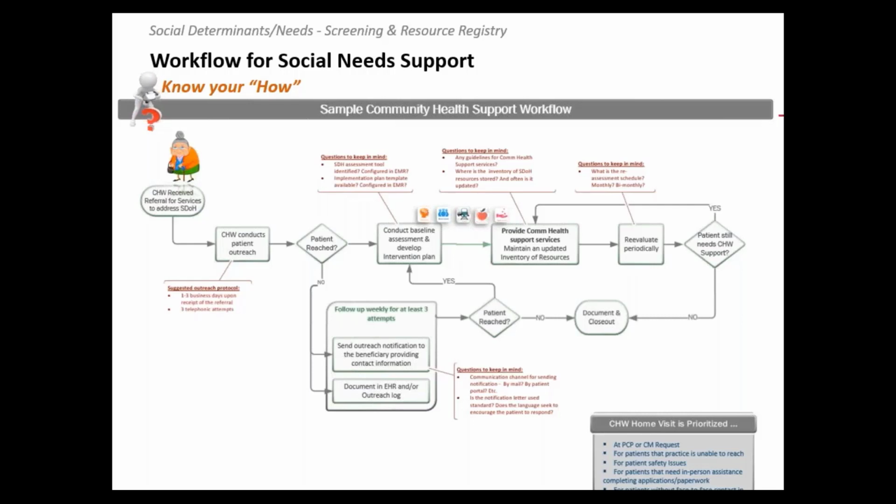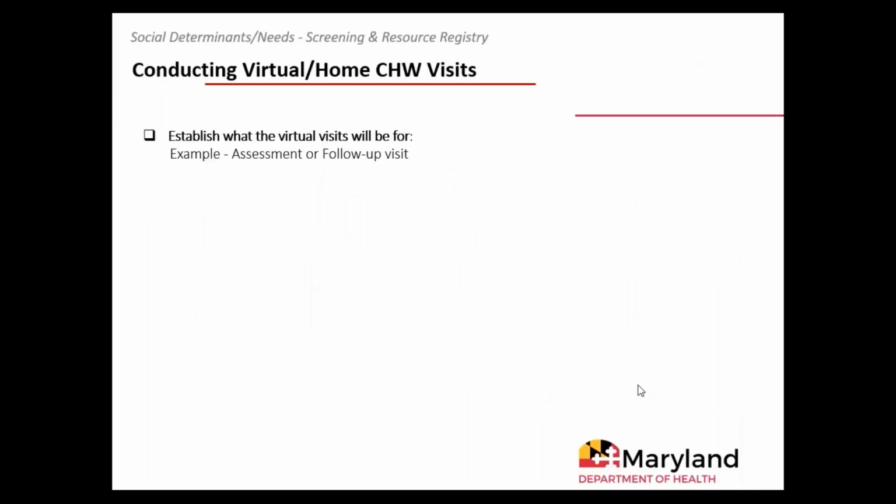And we see at the bottom of our screen, home visits are conducted sometimes when a PCP or CM may request one, if the patient has been unable to reach, if the patient has safety issues, if there is an in-person assistance check needed to help our patients complete some assessments and some paperwork, just to name a few examples. So what goes into planning this home visit that the community health worker is going to conduct?